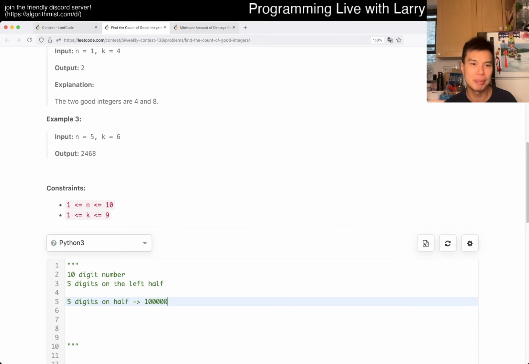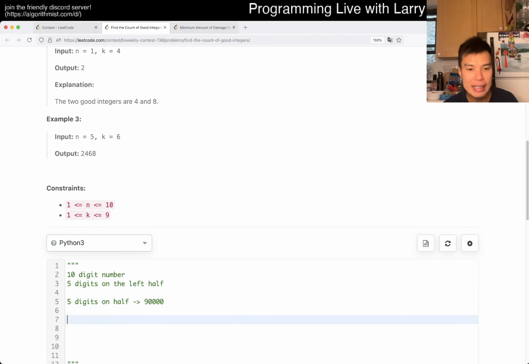Less than that, actually, because it has to be exactly 5 digits, so it's this minus another 10,000, because you don't care about numbers smaller than that. So it's about 90,000 on half.